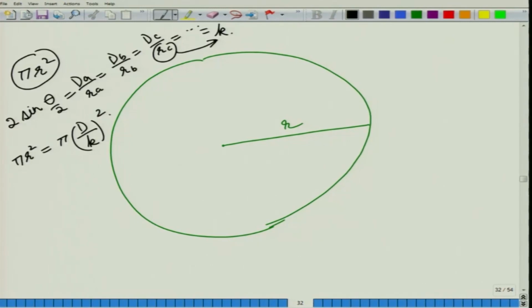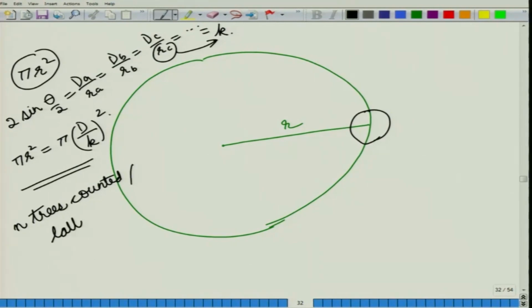In this sample plot area, we are considering the farthest most tree, and in this sample plot of area pi d by k whole square, suppose n trees are tallied. So, we have n trees that are counted, or here we call it tallied. Then the basal area of the n trees is given by n times pi d by 2 whole square or pi by 4 d square.